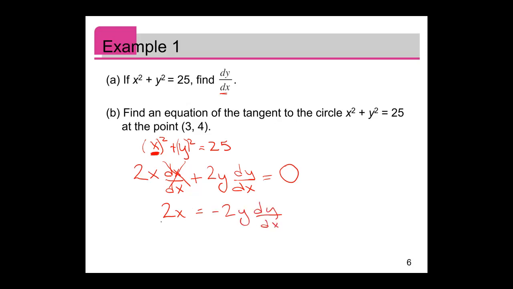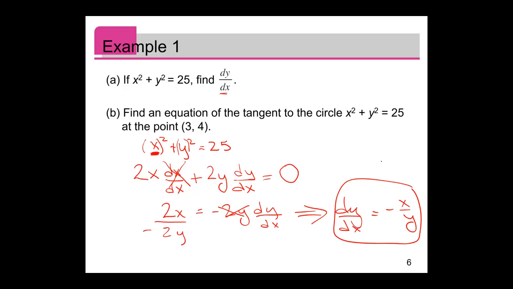I divide both sides by negative 2y, and I end up with dy dx is equal to negative x over y. Okay? So I've taken the derivative. Now, so here we go. We have dy dx equals negative x over y.